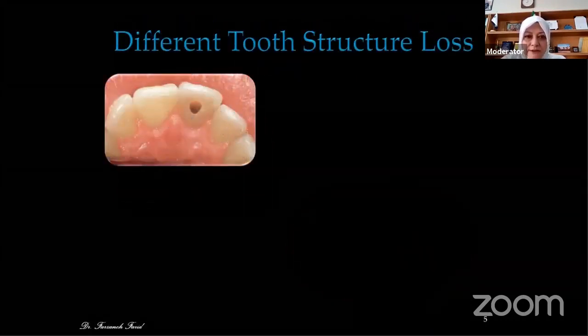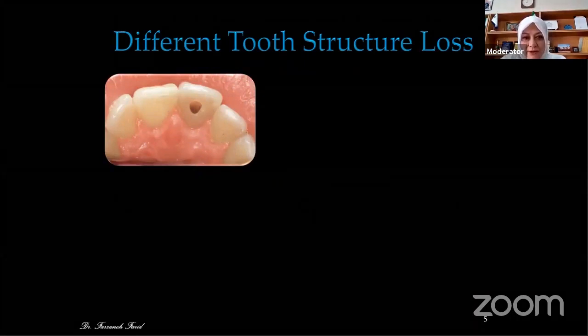Let's see different scenarios, different cases with teeth with root canal therapy. Here we have a tooth with just an access cavity. The remaining tooth structure is thick and sound.